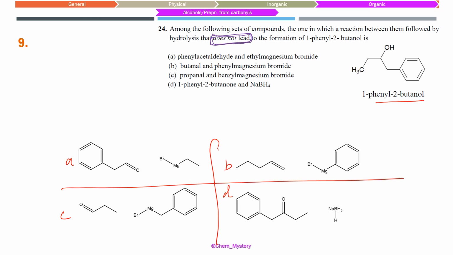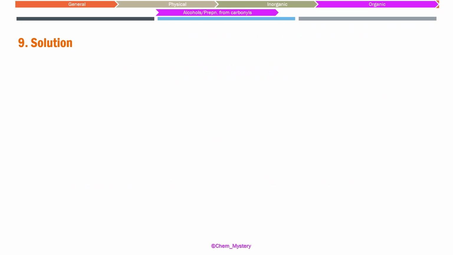Let's have a look. When we have option A, these things are reacting, the ethyl group attacks the carbonyl group, and we get this product formed. The new carbon-carbon bond formation is taking place here, and that was the desired product we wanted, 1-phenyl butane 2-ol.